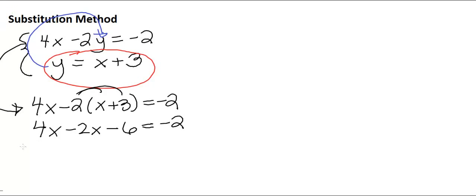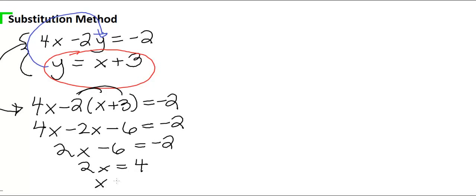So to solve this, combine like terms, and we get 2x, because 4x minus 2x is 2x, minus 6 equals negative 2. Add 6 to both sides, you get 2x equals 4. Divide by 2, and you get x equals 2.